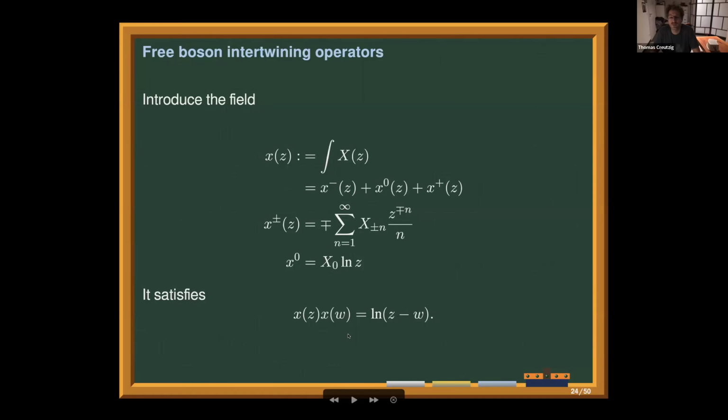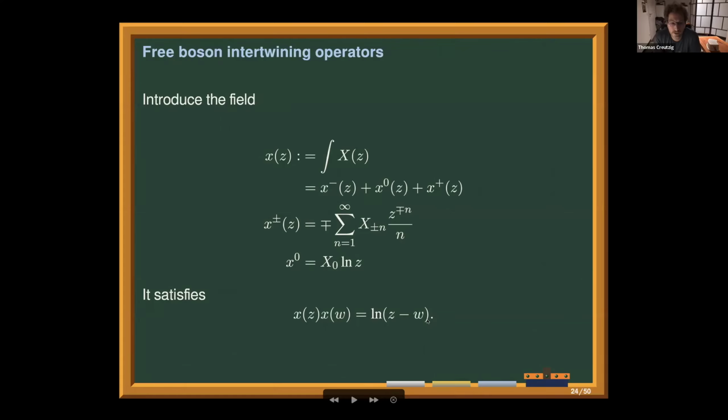Because if I take the derivative with respect to z and w of the left-hand side, then I, of course, have to do the same thing on the right-hand side, but then I get the OPE of the free boson field capital X, which was of the type 1 over z minus w squared, which is exactly the derivative with respect to z and w of the logarithm.